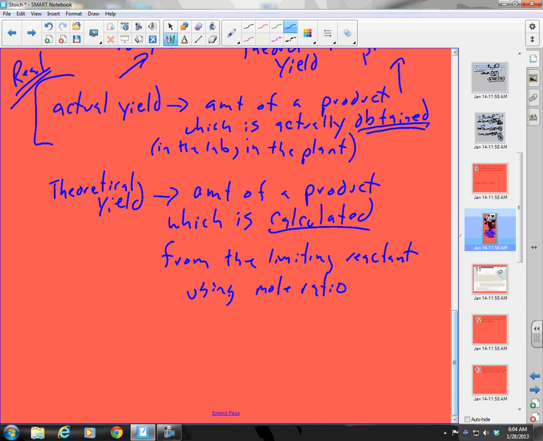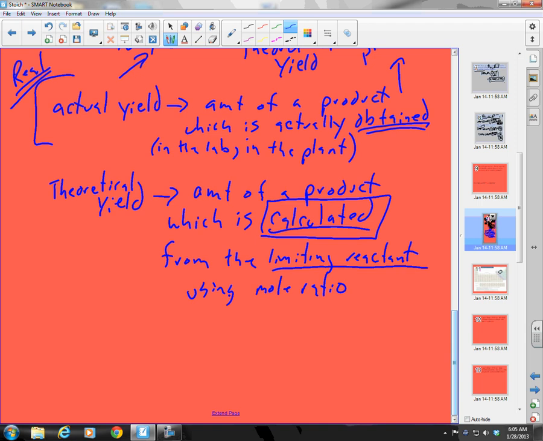That is my theoretical yield. It is a calculated quantity. Can I touch that? No. Can I taste it? No. Can I stick it in my ear? No. It doesn't really exist. It only is something that I predict, that I calculate from my limiting reagent. That's the difference. Cool.